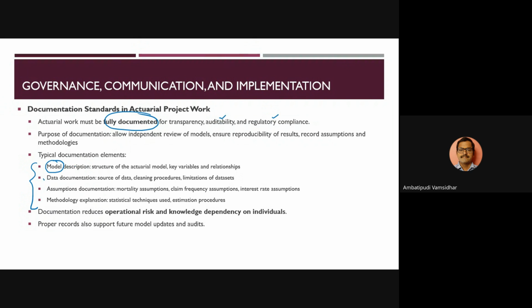Then documentation of the data. What are the different types of data you are using in the model? What are the sources of that data? What kind of data cleaning activity you have done? What are the limitations of this data? All those should go as a part of the data related documentation.